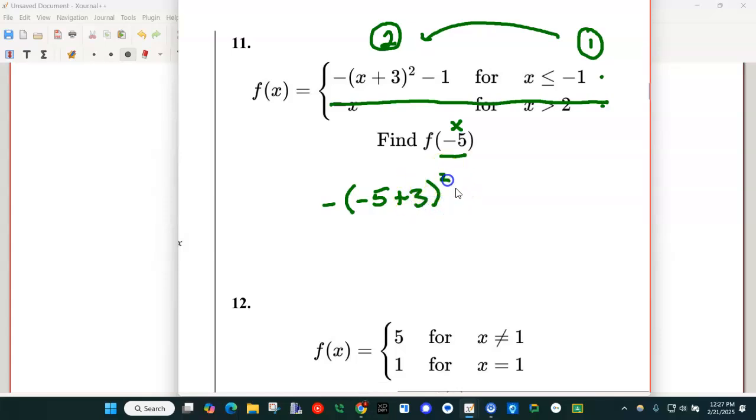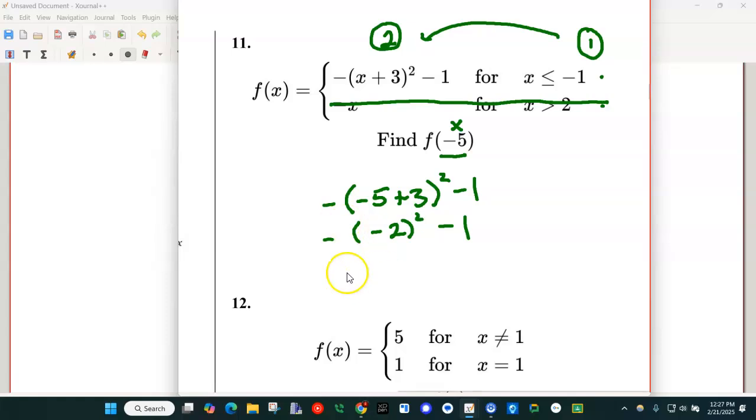Still early. So what does that equal? Does it equal -5 or does it equal 3? And some people did order of operations wrong before, so keep that in mind here.